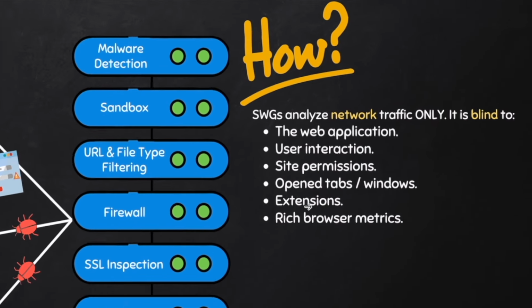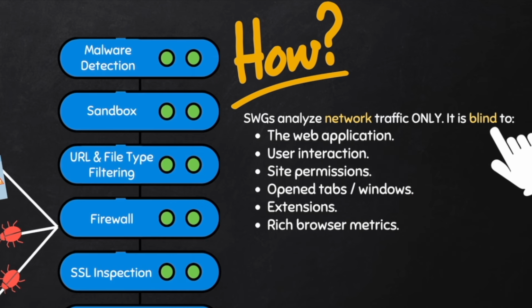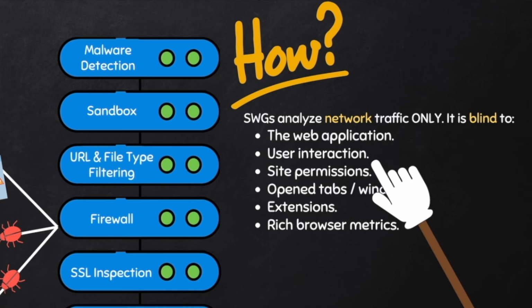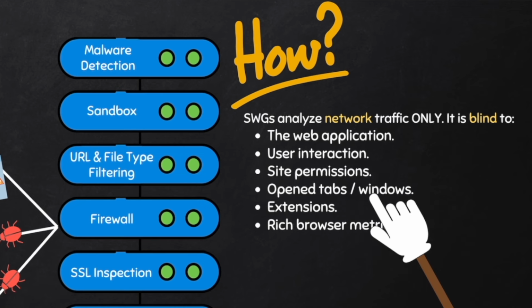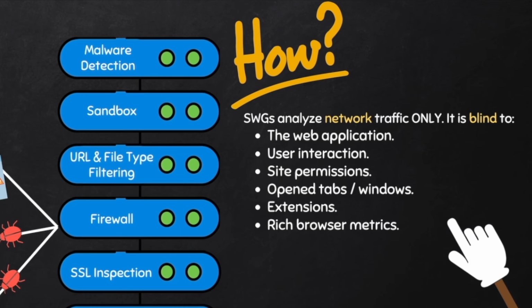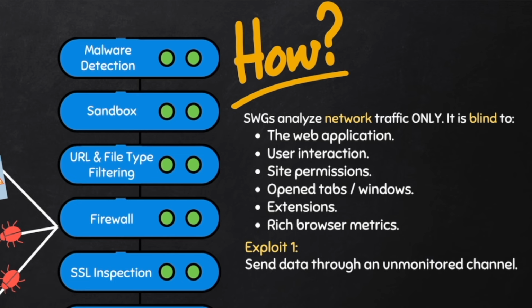Well, first of all, secure web gateways only analyze the network traffic. Therefore, they are blind to many things, such as the web application itself, the user interaction with the application, the site permissions, the open tabs and windows on the client side, the extensions installed on the browser, and the many browser features and metrics that web browsers have these days. As a result, hackers are exploiting this in many ways.